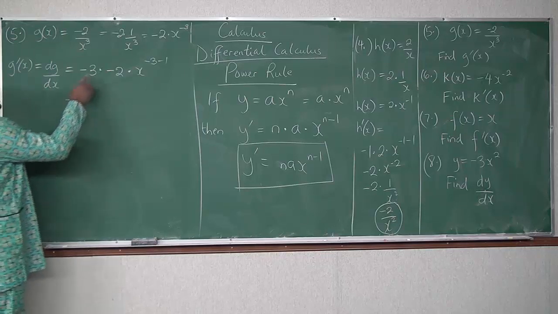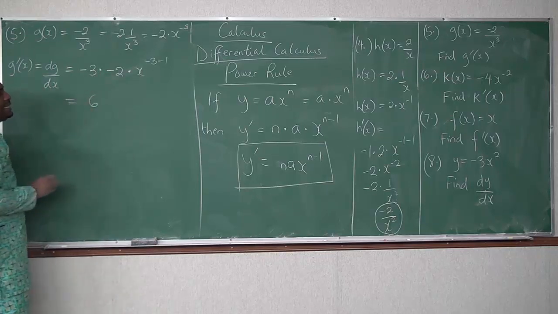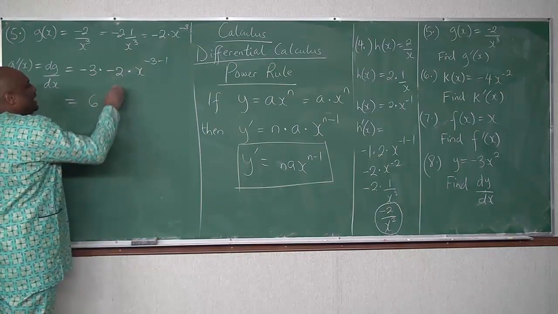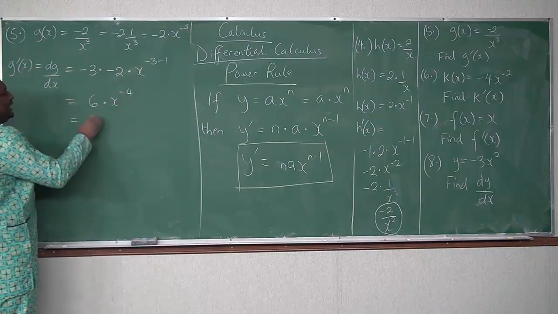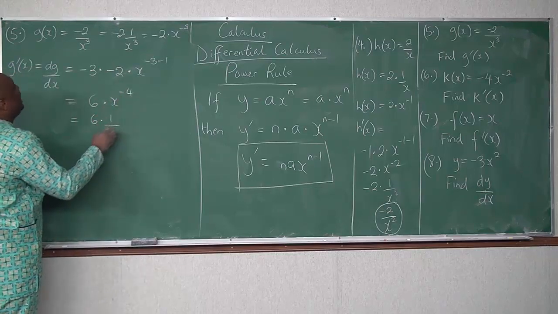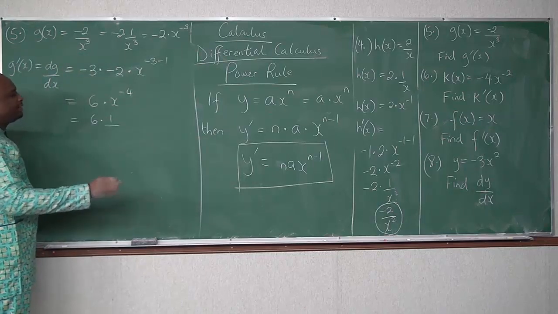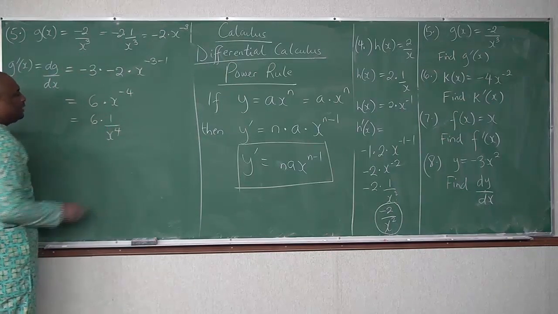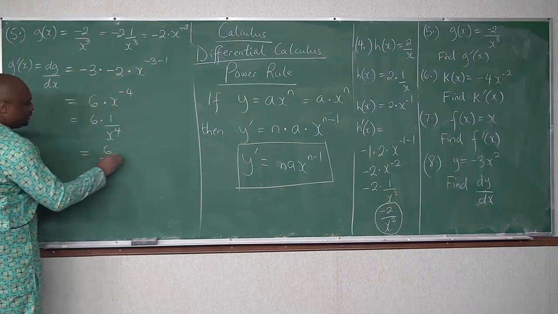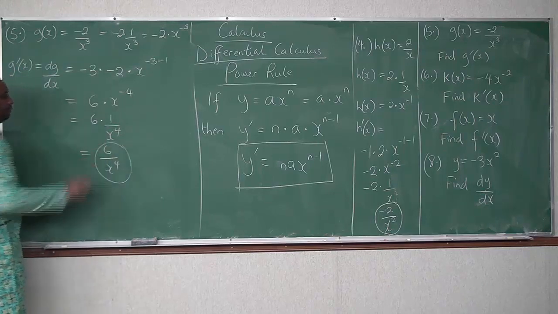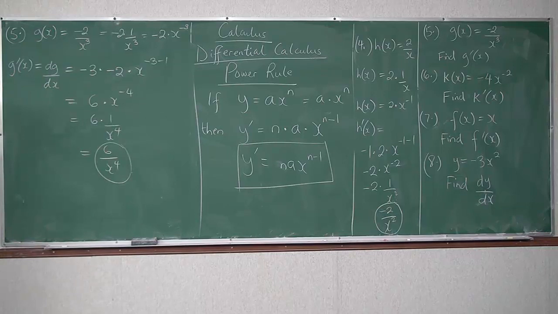So negative 3 times negative 2 is what? 6 times x, negative 4, which is 6 times 1 over x exponent 4, because they gave it to us in fractions, so we've got to give it to them in fraction. And this will give you 6 over x exponent 4. That is it.